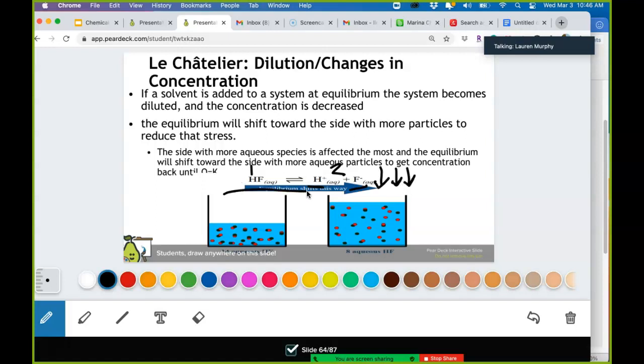So the equilibrium will shift back that way to try to regain some of that concentration back. Okay?